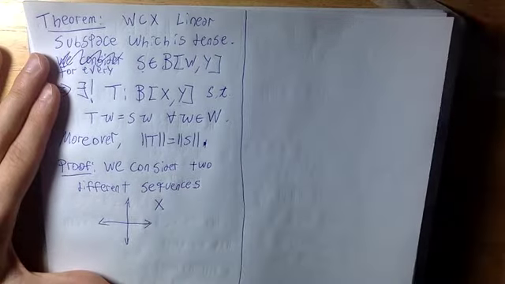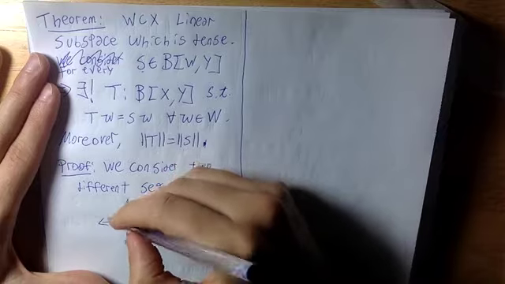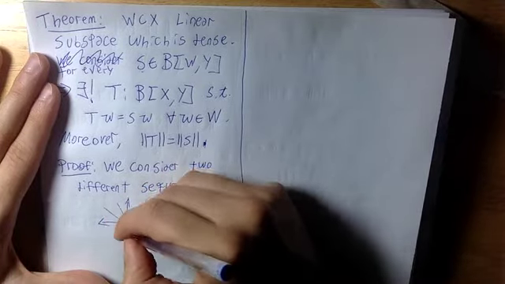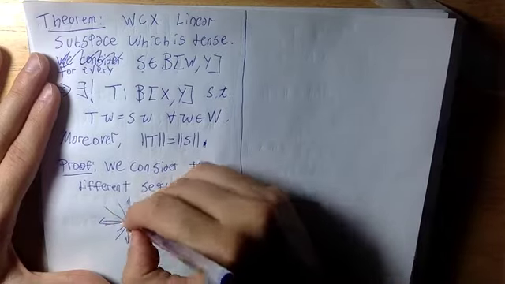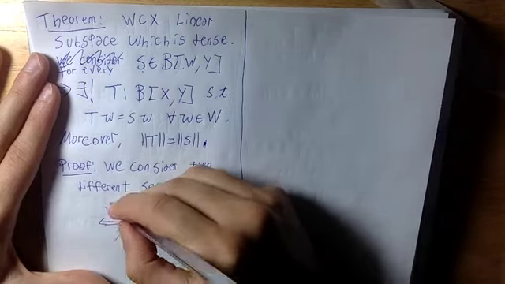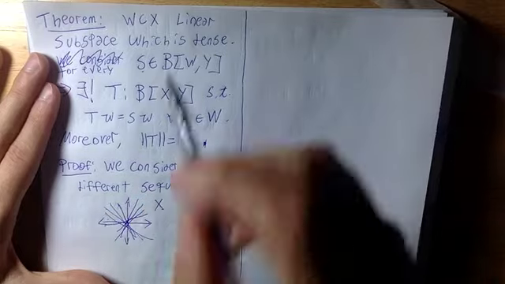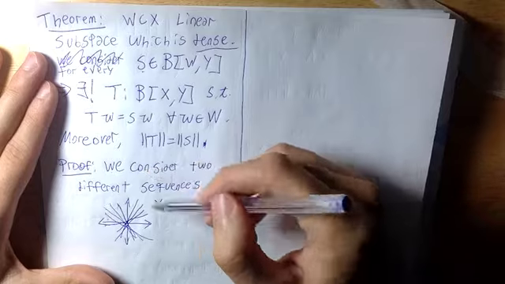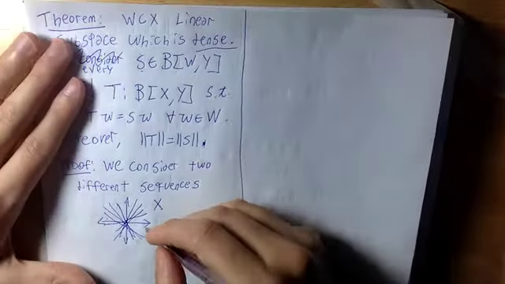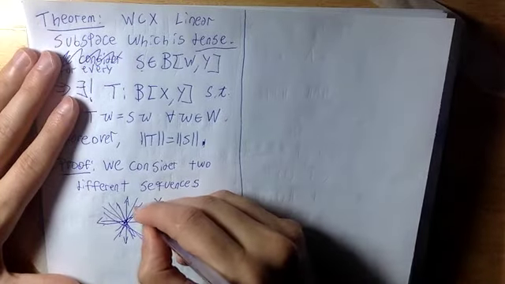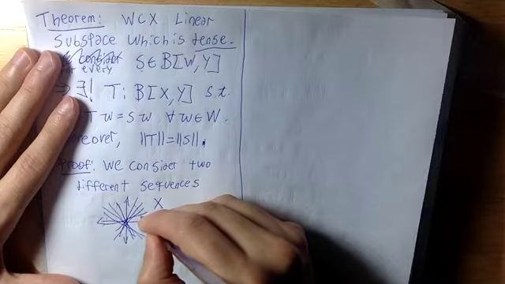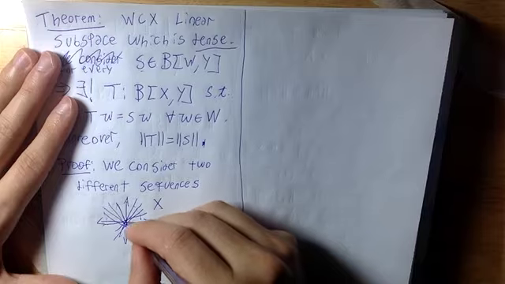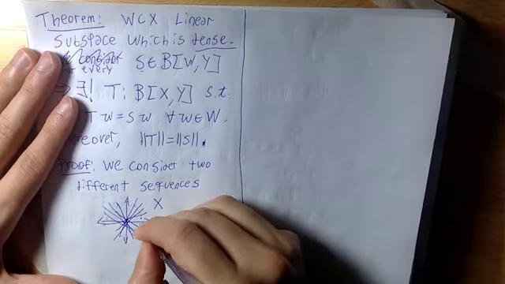So we have X, which is given by this space, and now we have W, which basically has every direction. So it's dense in X. Now for every point in X, I can find a sequence of points in W that converges to X. But there might not be only one sequence, so there could be two different sequences.